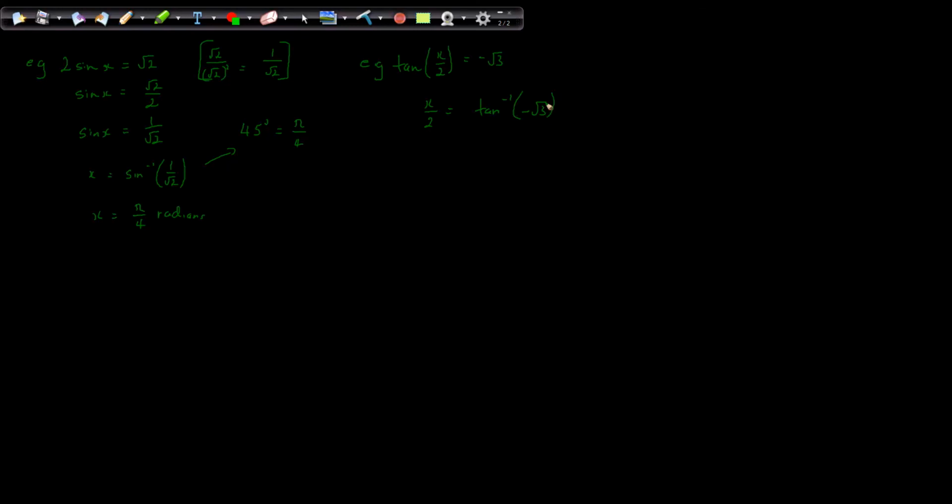Calculator again, so inverse tan of negative root 3. Okay, that came out to negative 60 degrees. Okay, which is the same as negative pi over 3 radians then. Okay, so x over 2 is equal to negative pi over 3. X would equal negative pi over 3 times 2. And we get negative 2 pi over 3 radians is one exact solution.